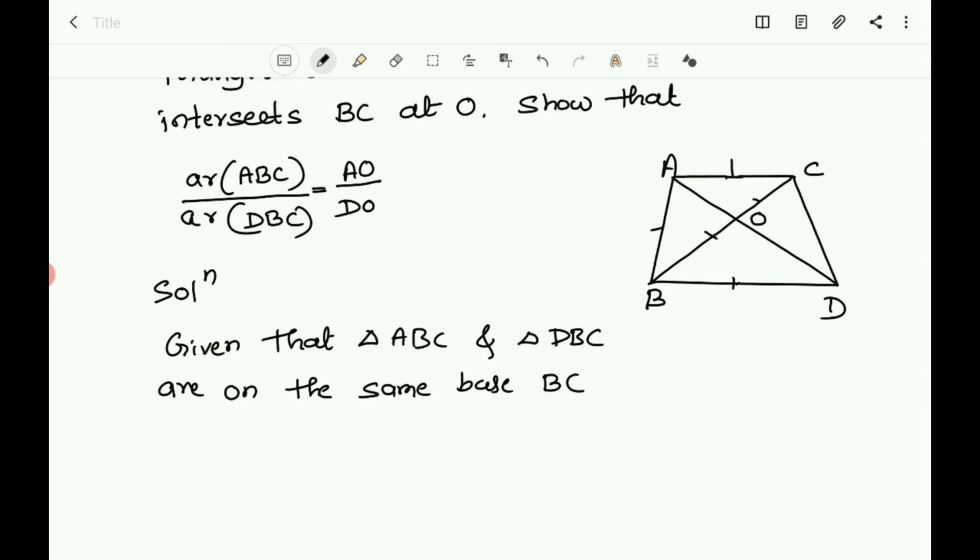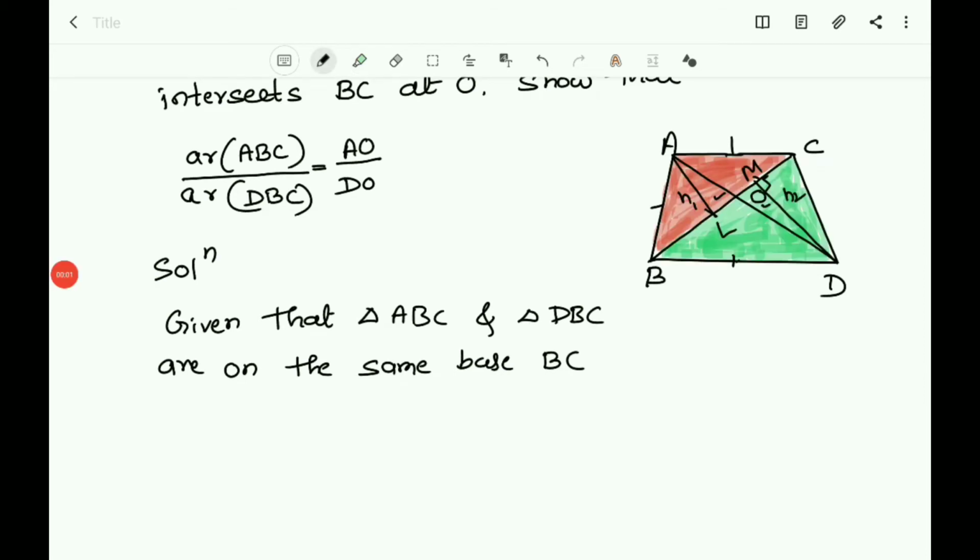And here you observe triangle ABC and triangle DBC, which are on the same base BC.